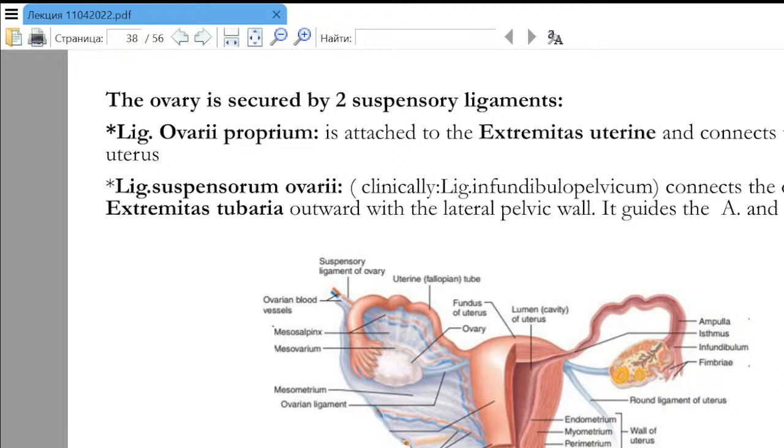The ovary is secured by two suspensory ligaments. The ligamentum ovarii proprium is attached to the extremitas uterina and connects the ovary to the uterus.